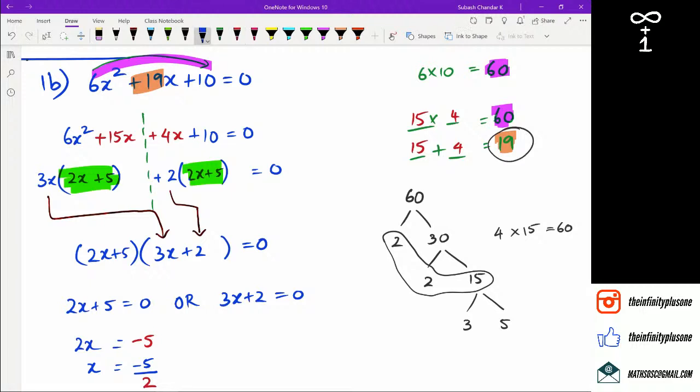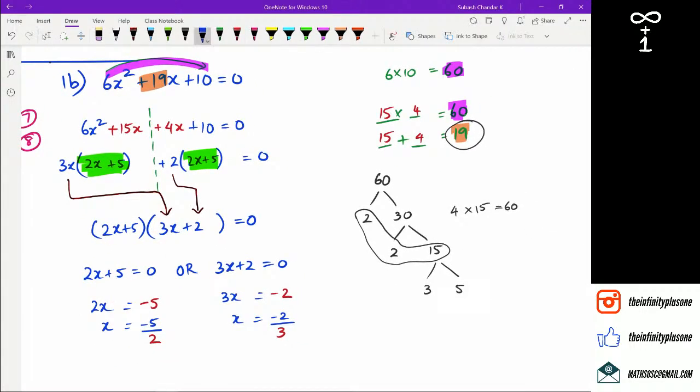For the second answer, we've got 3x equals minus 2, and then x is equal to minus 2 divided by positive 3. So those are my two answers for this question: x is equal to negative 5 over 2 or negative 2 over 3.